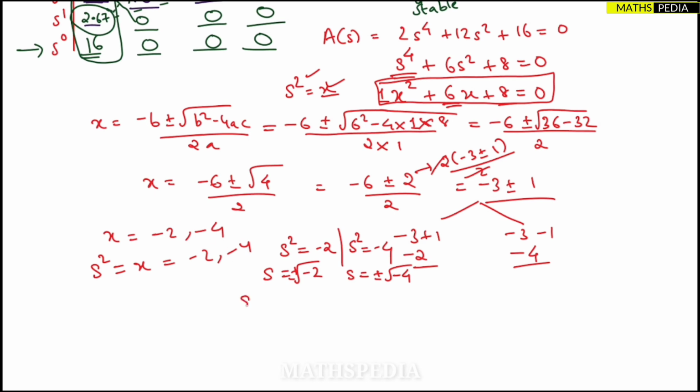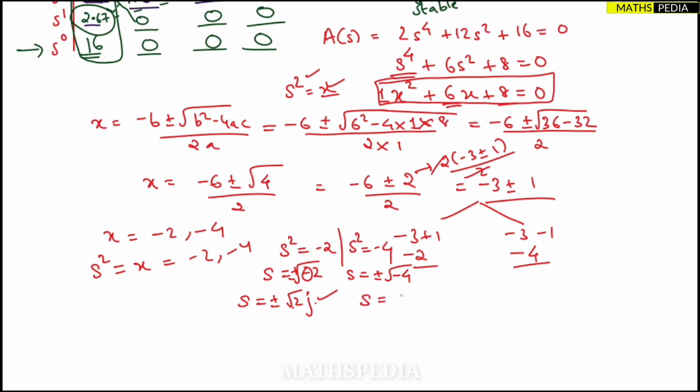So this one I can write as s equal to plus or minus root 2j, because it is square root of minus 2. Square root of minus 1 is nothing but j. So I can basically write square root of minus 1 as j and root 2. What about this one?